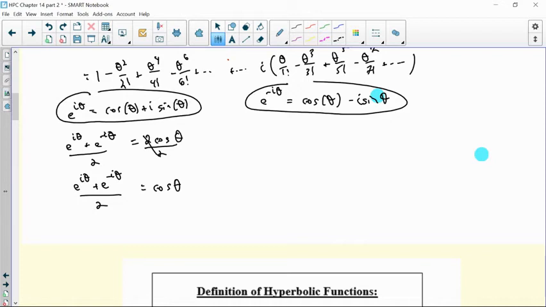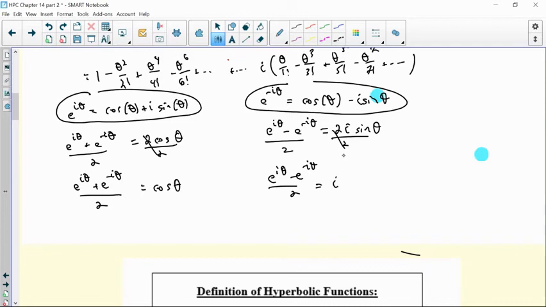And if I were to subtract the two functions, so if I say e to the i theta minus e to the negative i theta, then I would know that the cosines would cancel, and I get 2 of the i sine thetas. Again, if I divide out the 2 over to this side, I get e to the i theta minus e to the negative i theta over 2 is equal to this other component, i sine of theta.